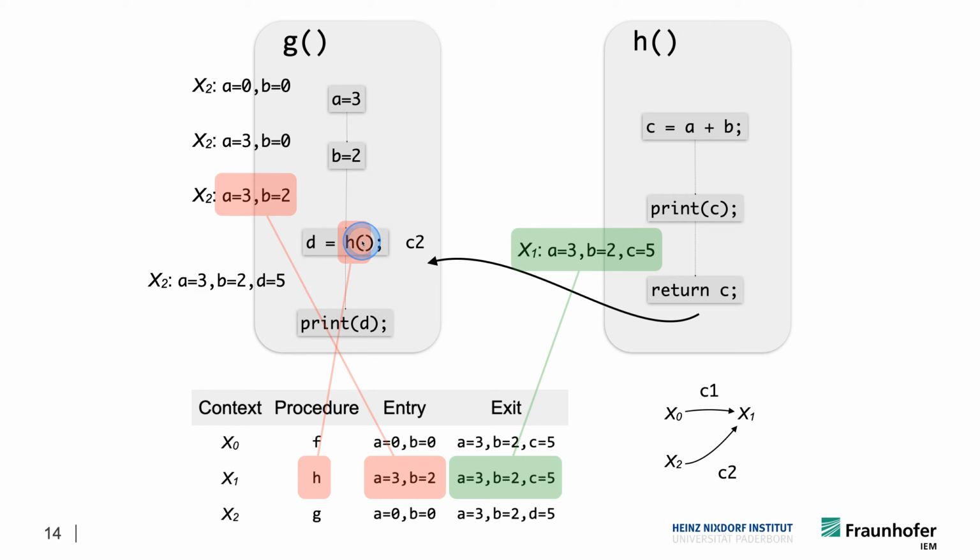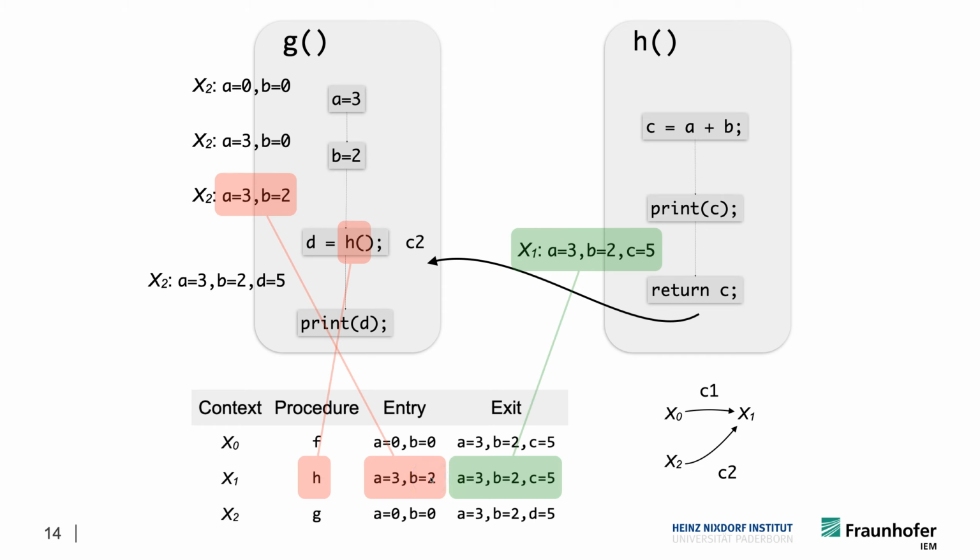We can take a look at this context table here, and we will see that we already have an entry for calling H under this particular valuation. That is the valuation, the environment that we also have here. So this matches. We have a matching entry in these two table columns.